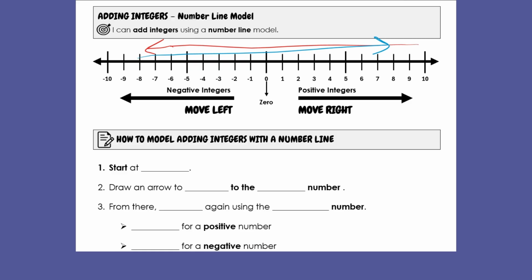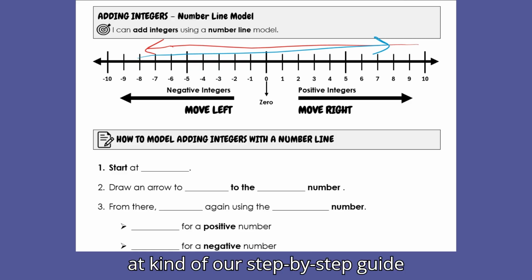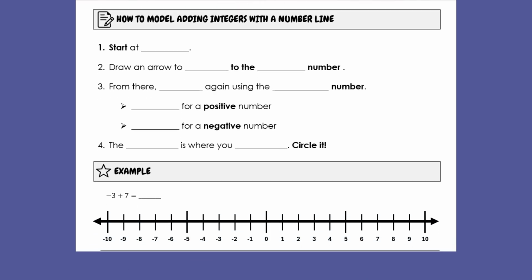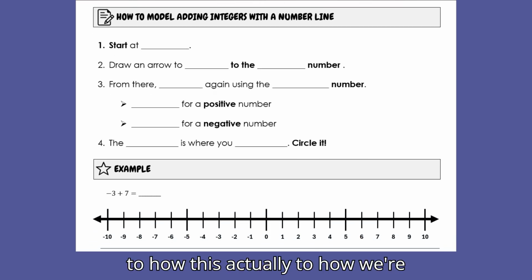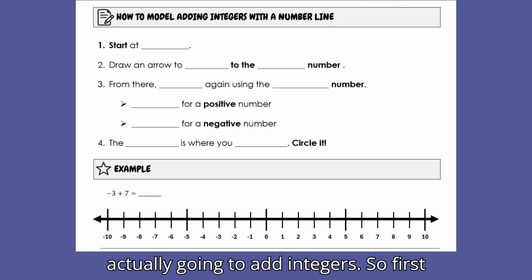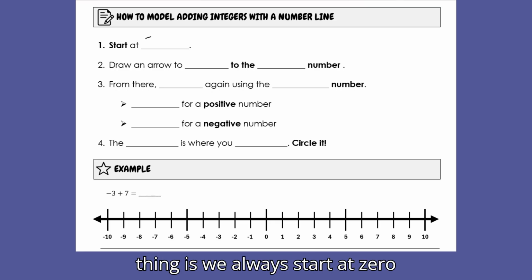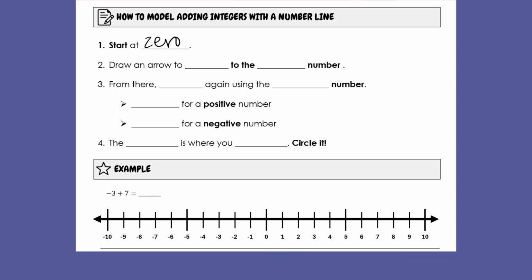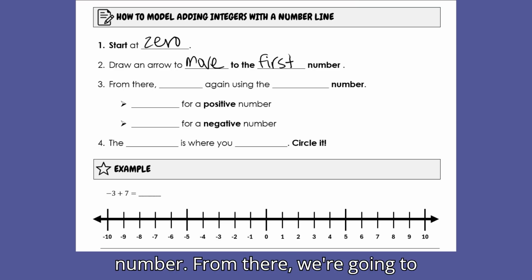So let's look at our step-by-step guide to how we're actually going to add integers. The first thing is we always start at 0. Then we draw an arrow to move to the first number.